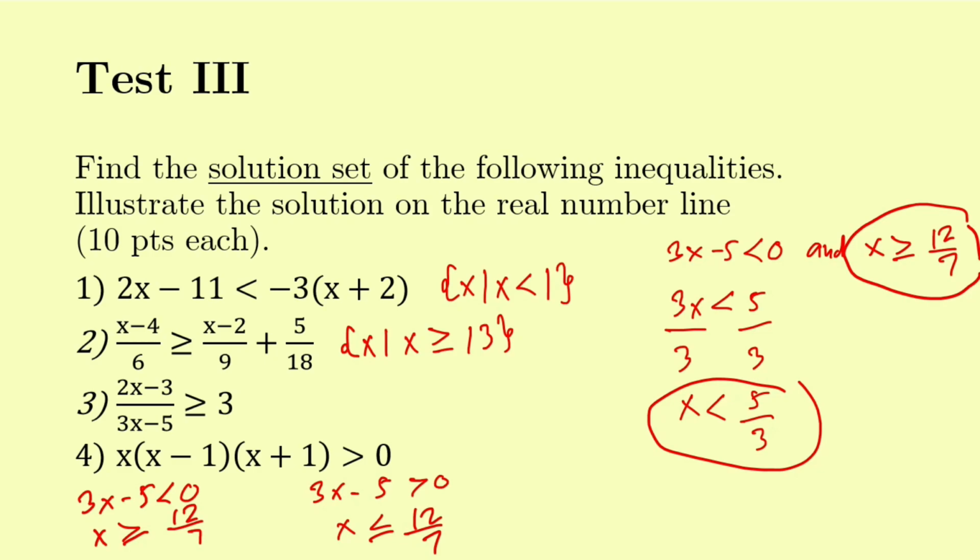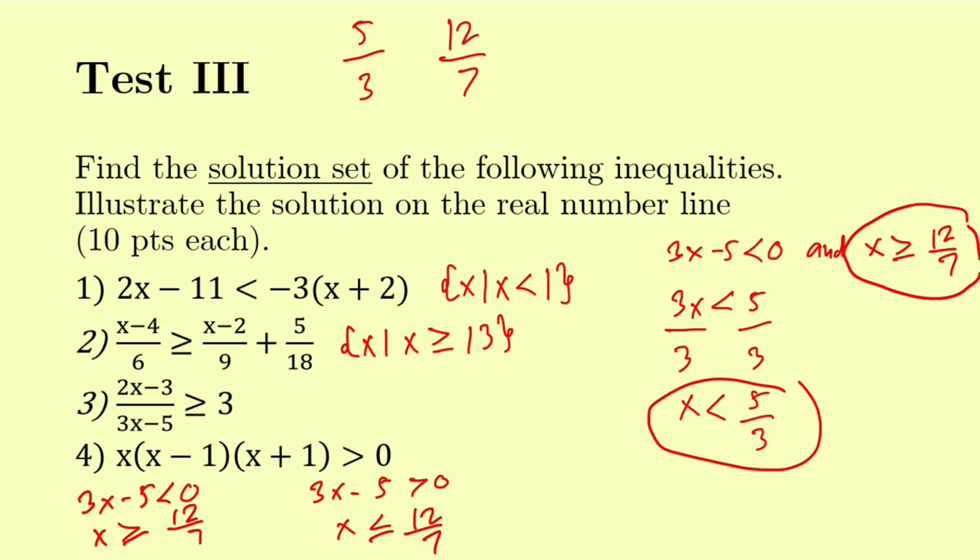Medyo mahirap i-determine unless we determine kung alin ang mas mataas sa kanila. So, we can use the old school cross multiplication kung alin ang mas mataas, 5/3 ba o 12/7? Para we can visualize that sa number line.